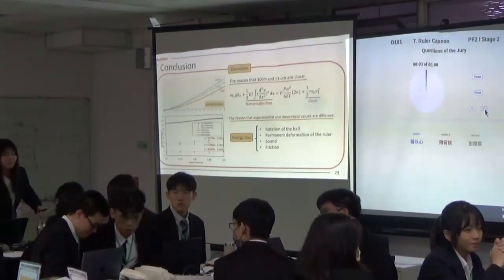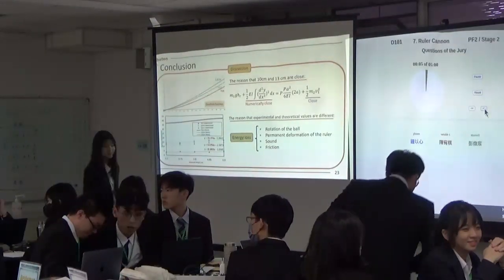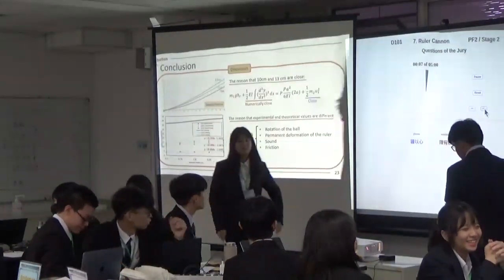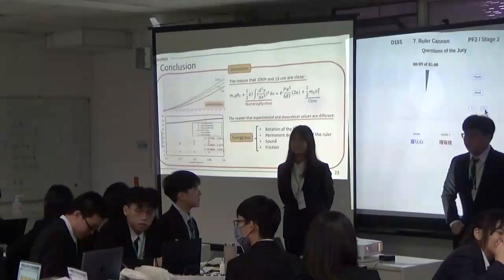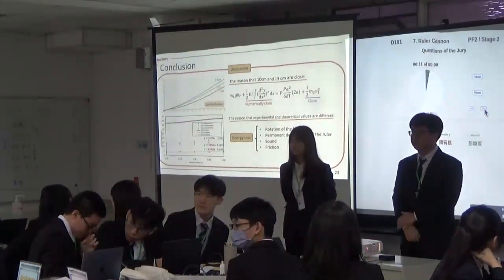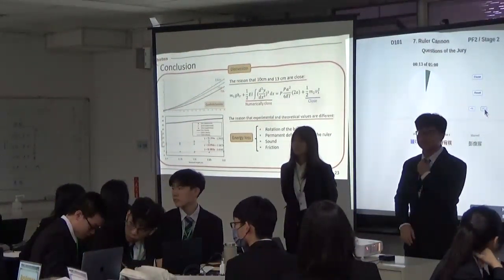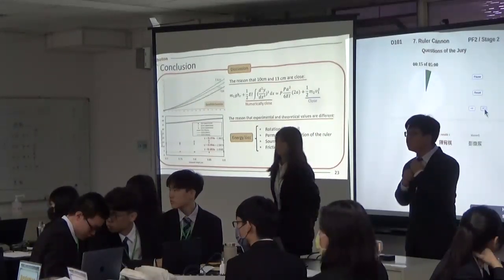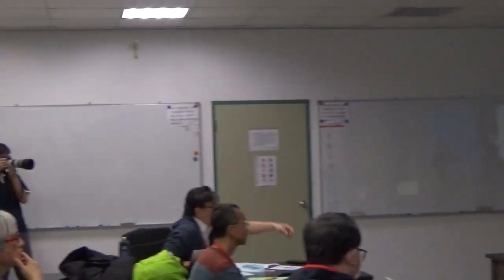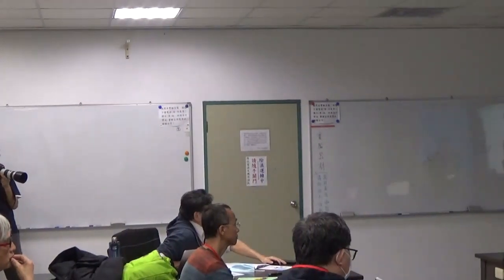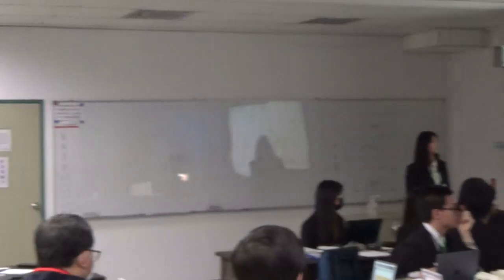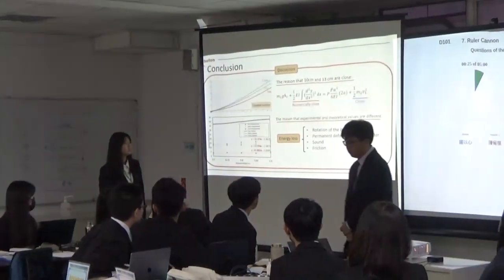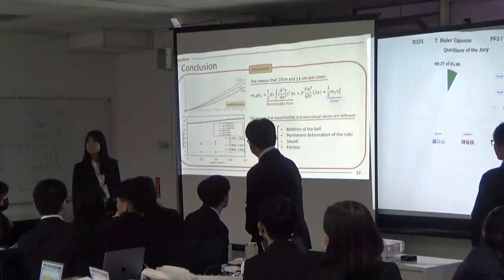Any questions of the tutorial? May I? Please come to this page. On the left-hand side you have a low end, you have data related to the theory and the experiment.